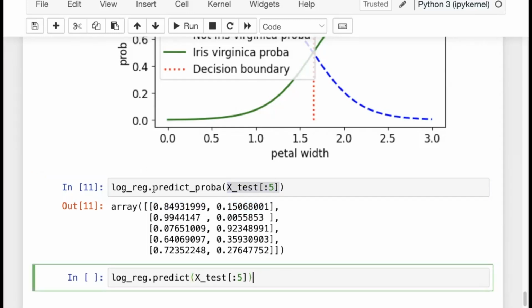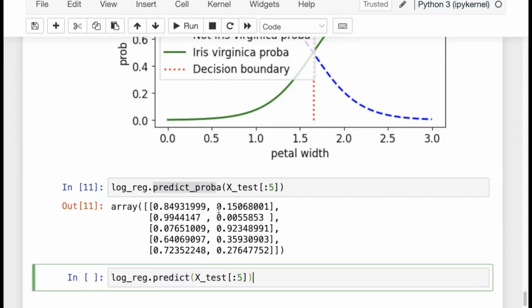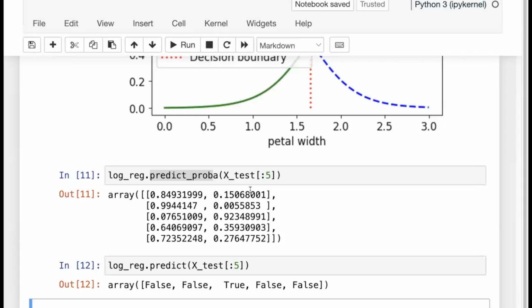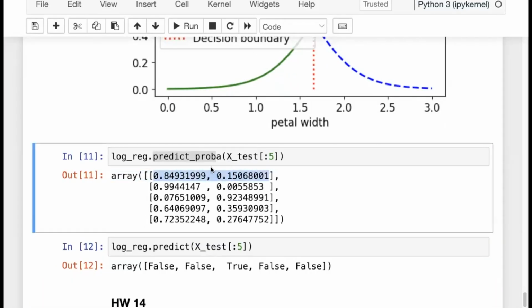And if instead of predict_proba, we use predict, now we lose all this probability information and we just get some labels, right? So in this case, class 0 is false, class 1 is true. If we have to assign this to one class, then it definitely belongs to the first class, which is class false, which means that it's not the Virginica species.